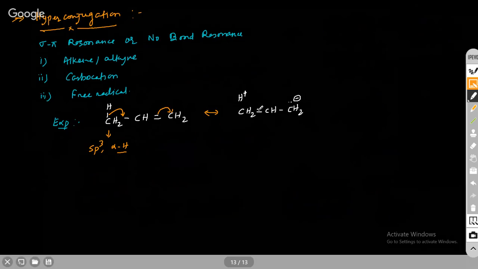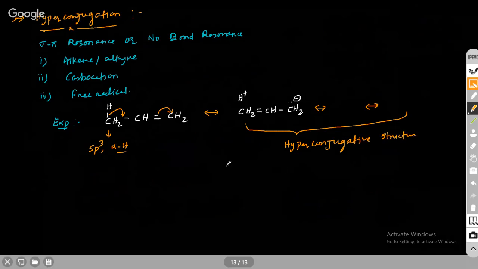Now this structure you can draw with the other two hydrogens also. You'll get similar structures, which I am not drawing. But these three structures we call hyperconjugative structures.